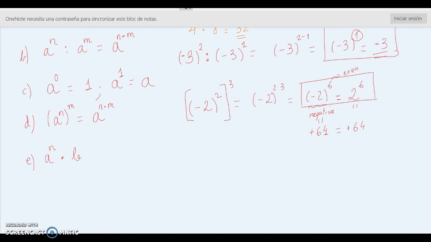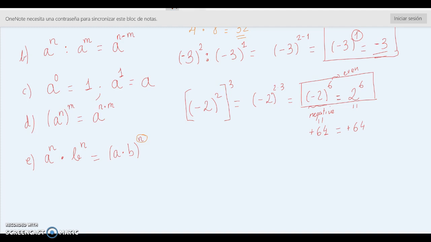We have different numbers now, but the exponents are the same. So this is the same as multiplying both bases and to the power of n. Pay attention to this, because I'm not multiplying the exponents. I'm writing the same exponent.